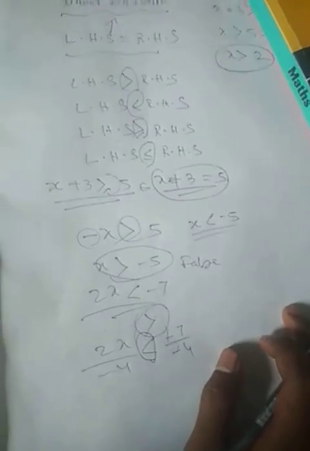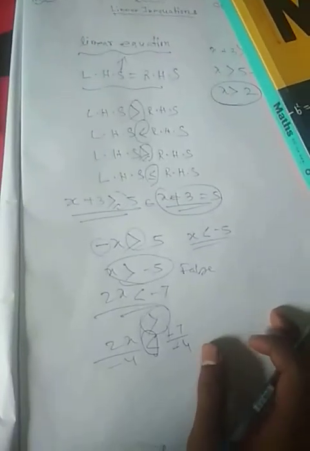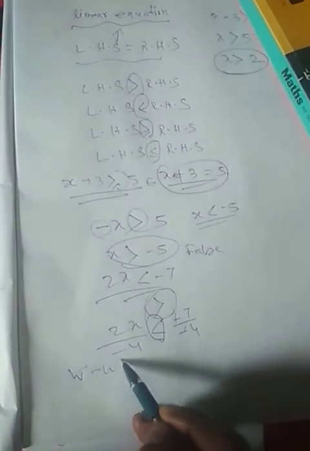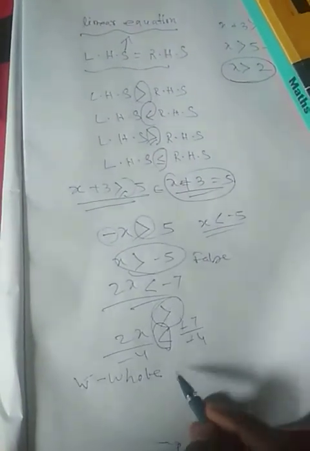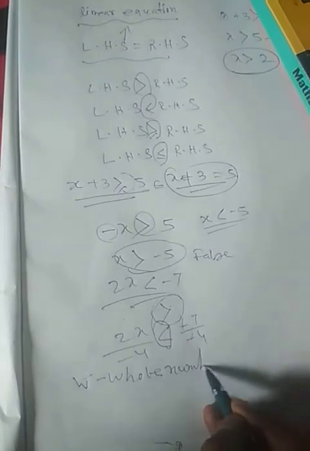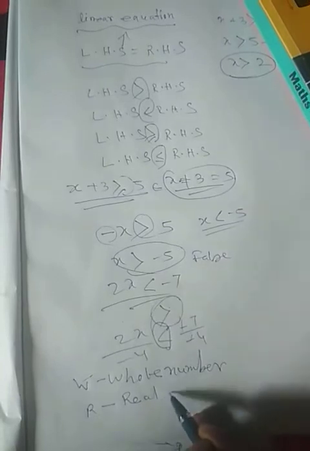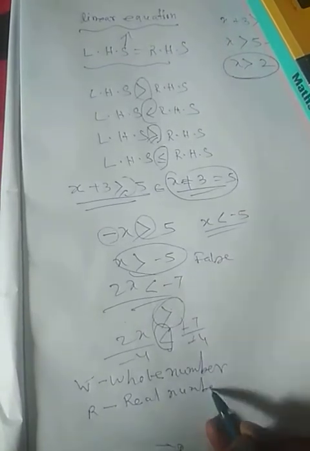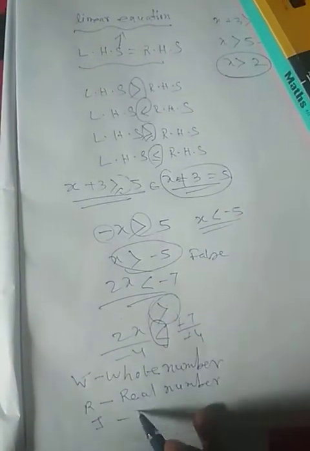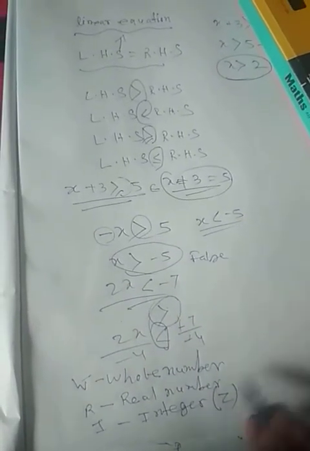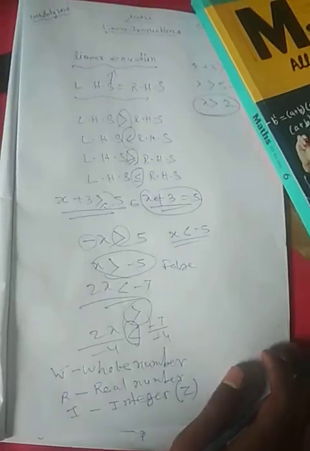And there are some symbols you have to identify, like W means whole number, R for real number, I for integer, sometimes that is also denoted by Z. These things you have to know.